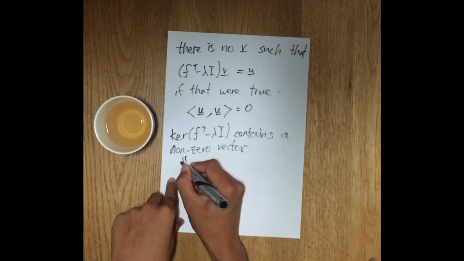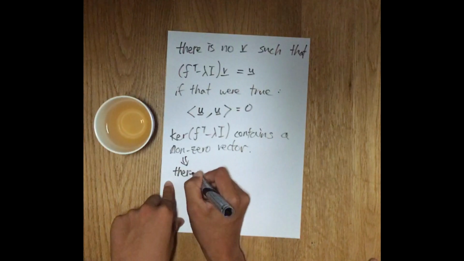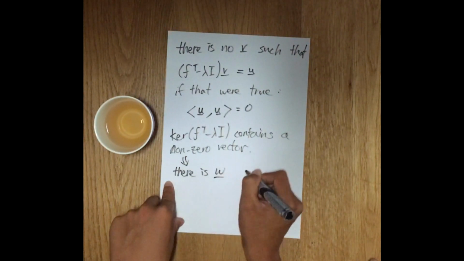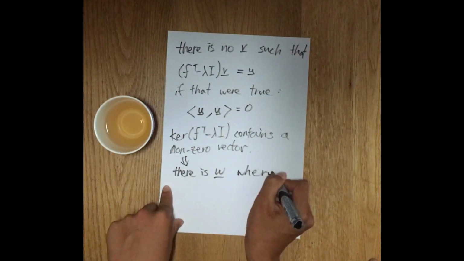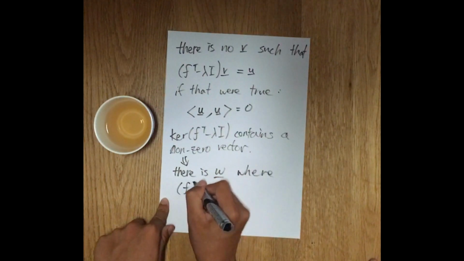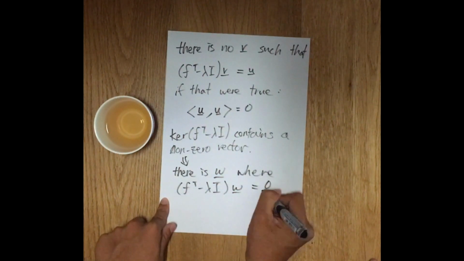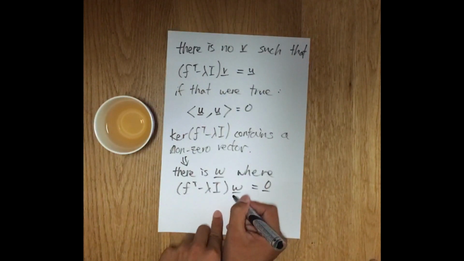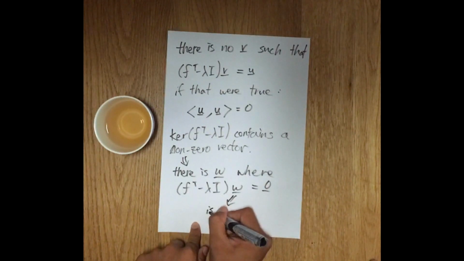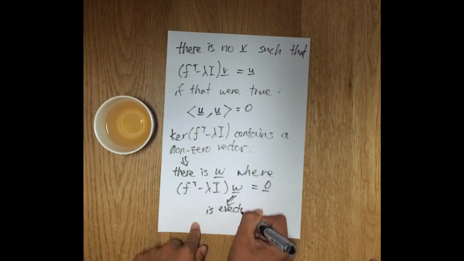And concretely, this means there is a W where F transpose minus lambda I applied to W sends it to 0, which means W is an eigenvector with eigenvalue lambda.